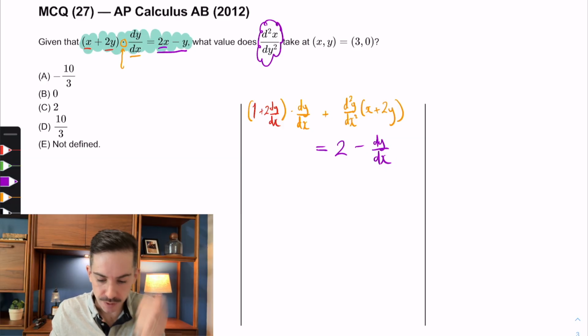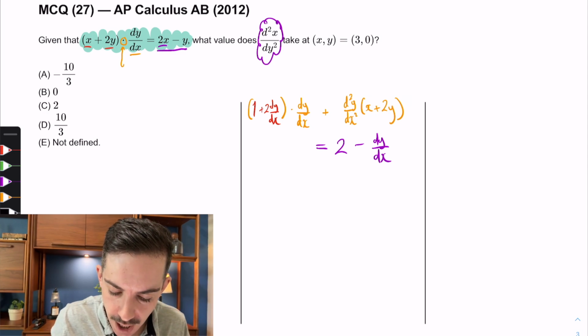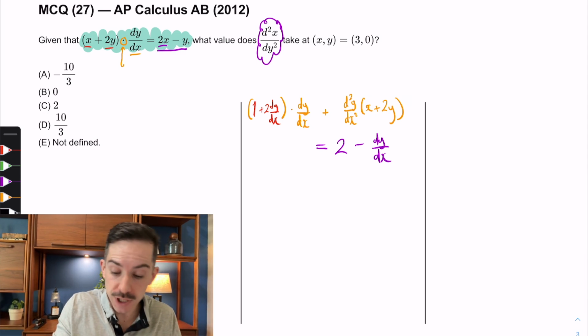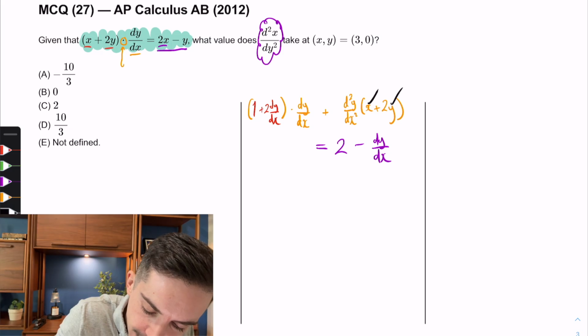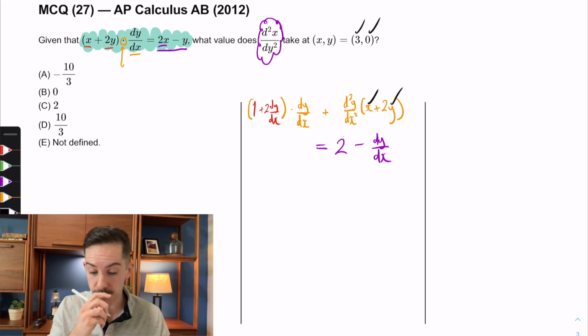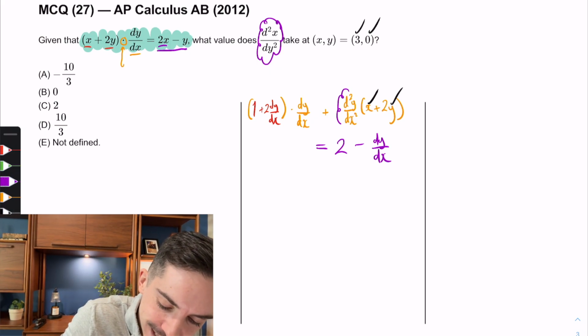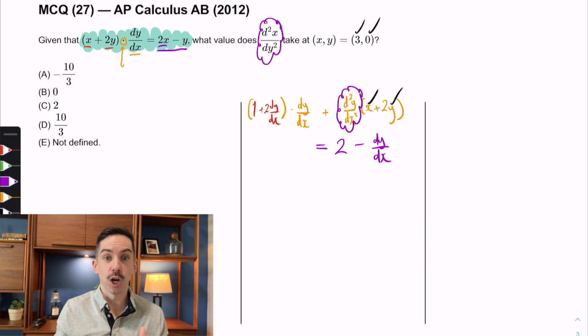Is this helpful? Well, I know that I want x and y to be 3 and 0. So wherever I see an x and a y, I'm going to substitute in either 3 or 0. I see that I have the second derivative taking part in the equation.